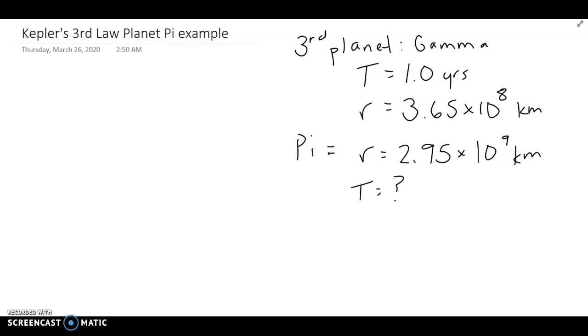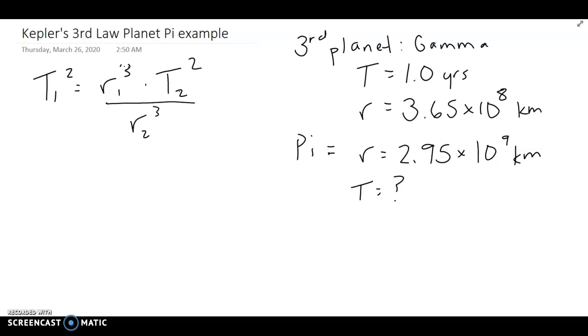When we manipulate Kepler's third law, and you can look it up in the notes, we get T1 squared equals R1 cubed times T2 squared over R2 cubed.